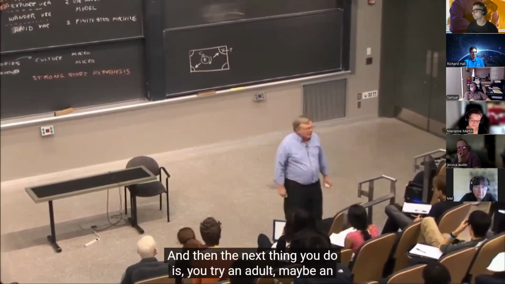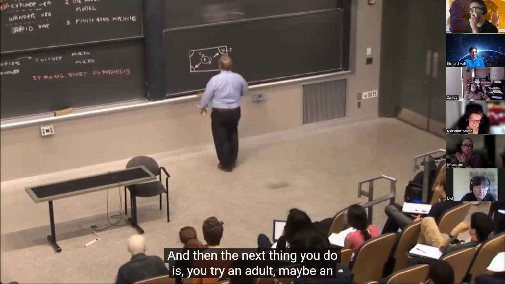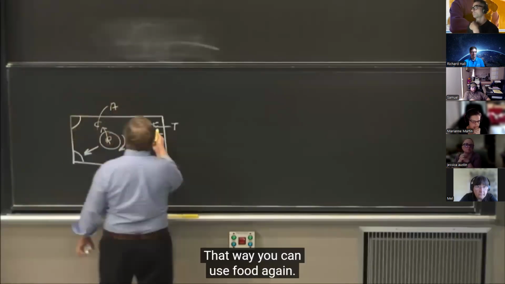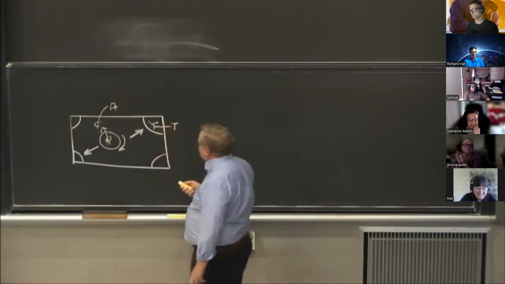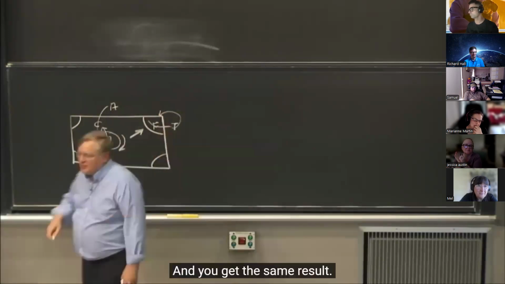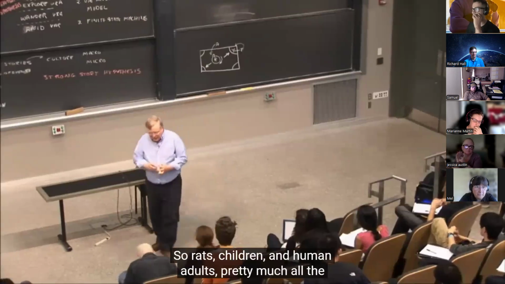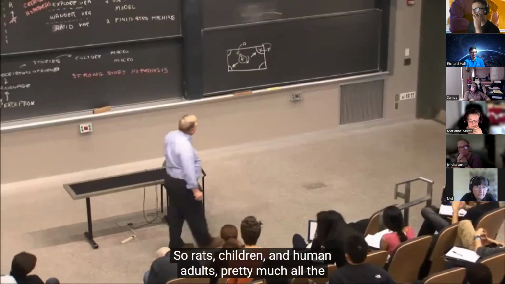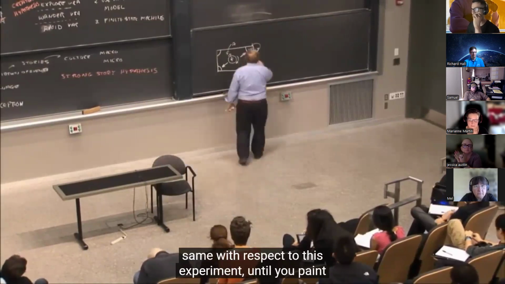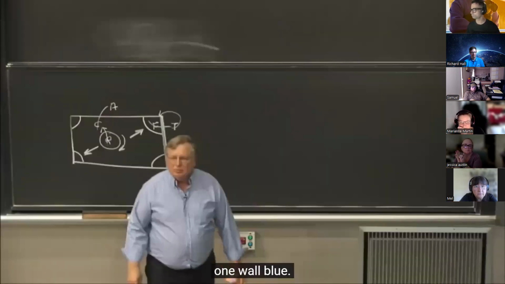And then the next thing you do is you try an adult, maybe an MIT student. In that case you can use food again. And you get the same result. Who could be surprised? So rats, children, and human adults, pretty much all the same with respect to this experiment, until you paint one wall blue.